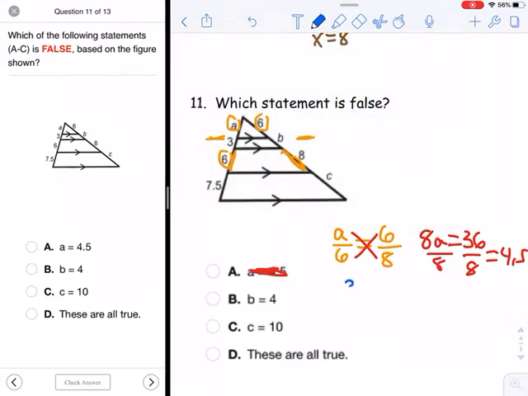B, it's going to be the same exact thing. I'm going to say 3 over 6. We can immediately tell that's going to be 4. I'm not even going to solve that one. Hopefully you can just tell that's 4.